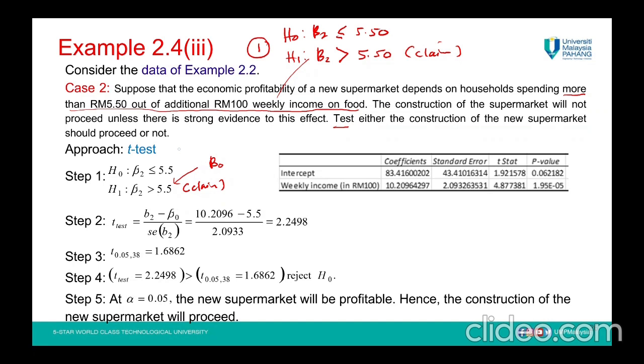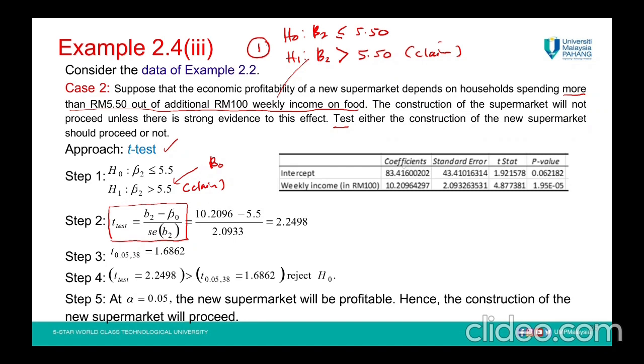Note that to test the hypothesis under economic, only the t-test approach can be conducted. So in step 2, we need to get the t-test value. To get it, we will use this formula, where t-test is B2 minus beta naught divided by the standard error of B2.